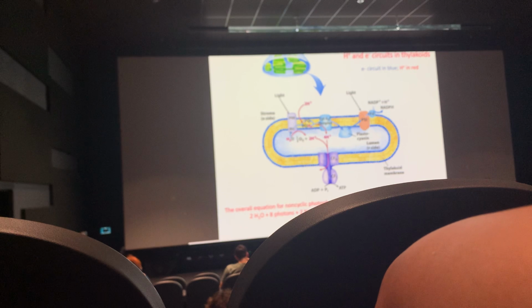Okay, so we're not memorizing this equation, but I want you to understand it, okay? Again, what this says is that everything is linked together to create 3 ATP and 2 NADPHs. So the operation of photosystem 2 and 1, along with the cytochrome B6F complex, together they're making 3 ATP and 2 NADPHs.